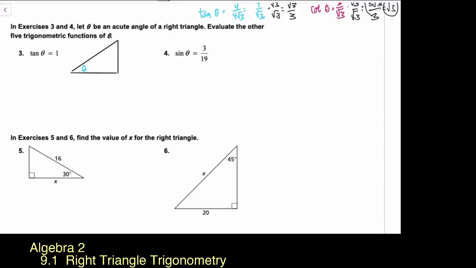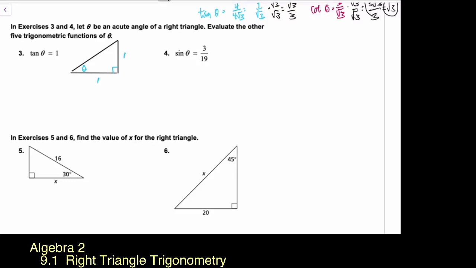Well, how about if we just keep this real simple and we'll put opposite as 1, adjacent as 1. 1 over 1 equals 1. I could put 5 over 5, 6 over 6, 7 over 7. It'll equal 1. That's all that matters. So then, how about the hypotenuse?